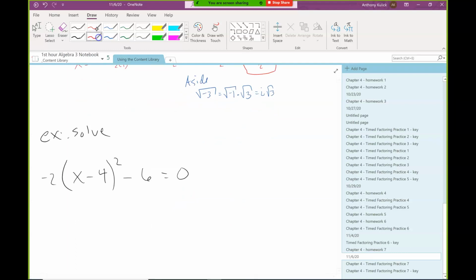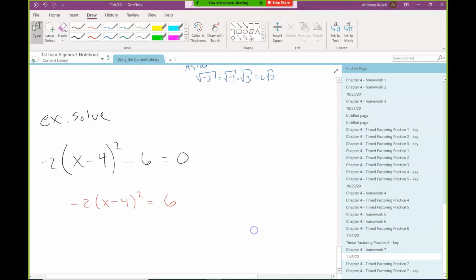Okay. So first thing I would do here is add 6. Very good. Next I would divide by negative 2.